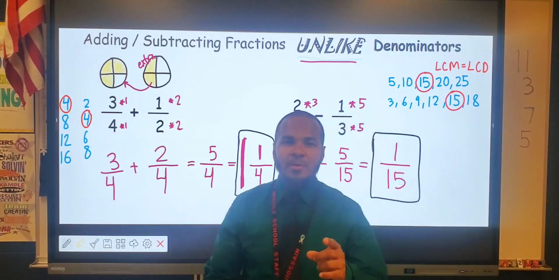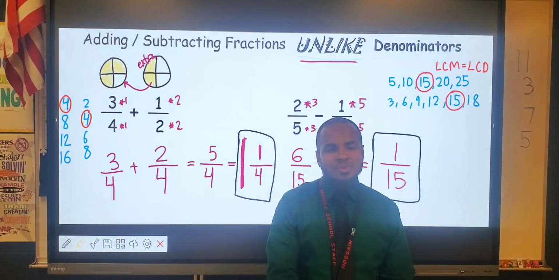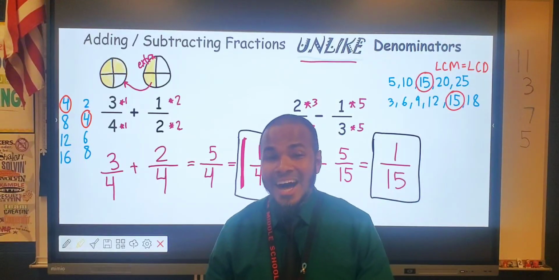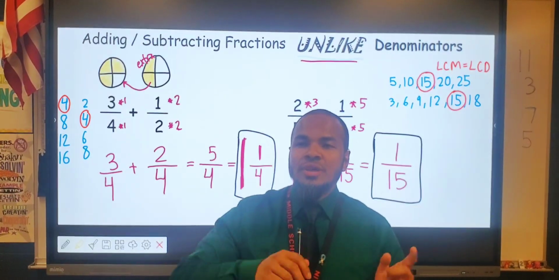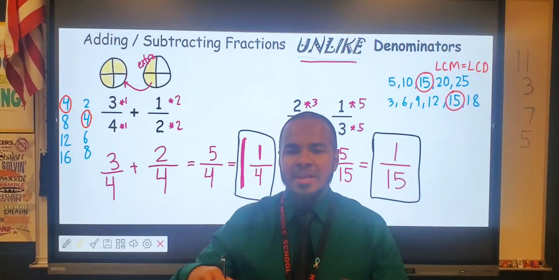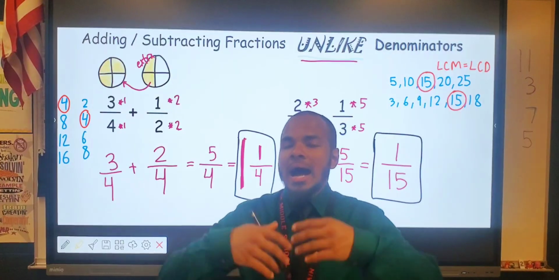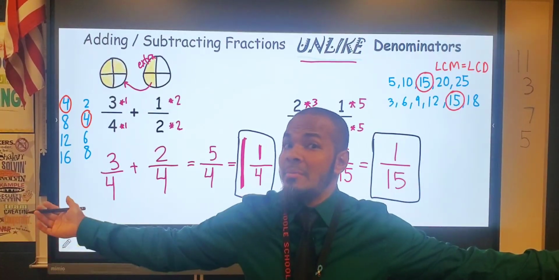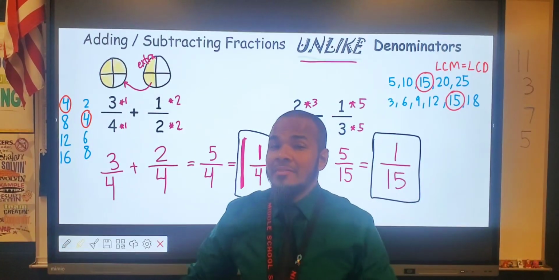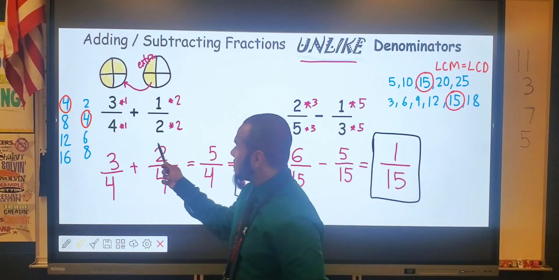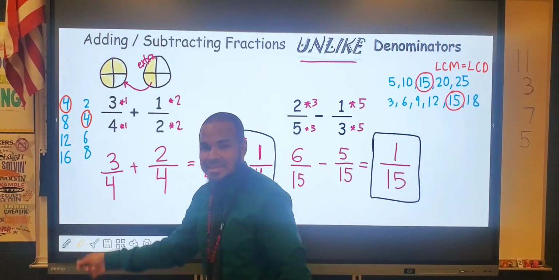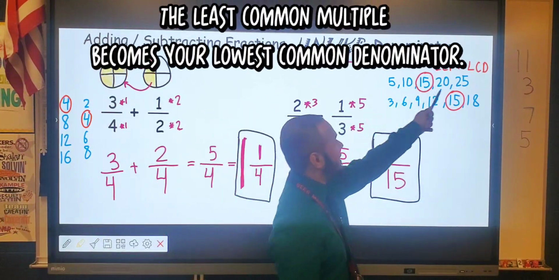All right, so remember, recap. How do you add and subtract fractions with unlike denominators? You gotta make sure the denominators are the same. How do you know what the denominator is supposed to be? Whatever the denominators are, you have to create a list. Right here, look at this. You have to create a list.